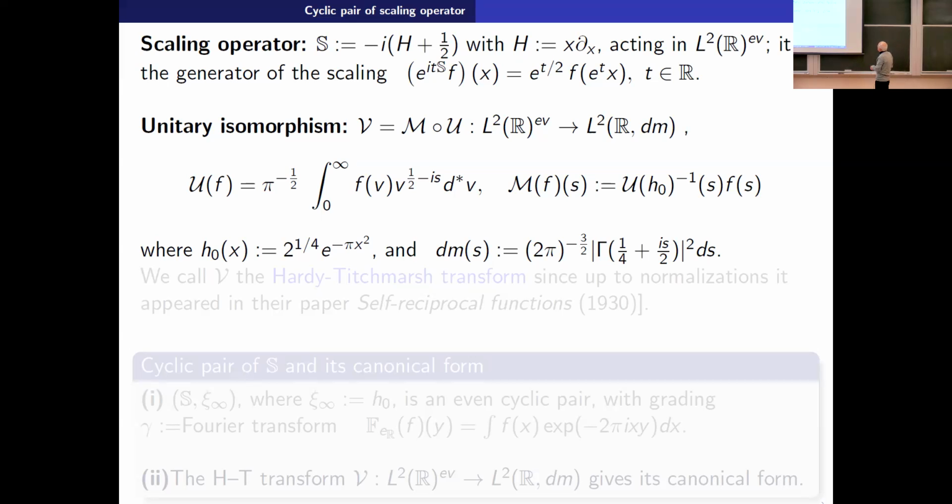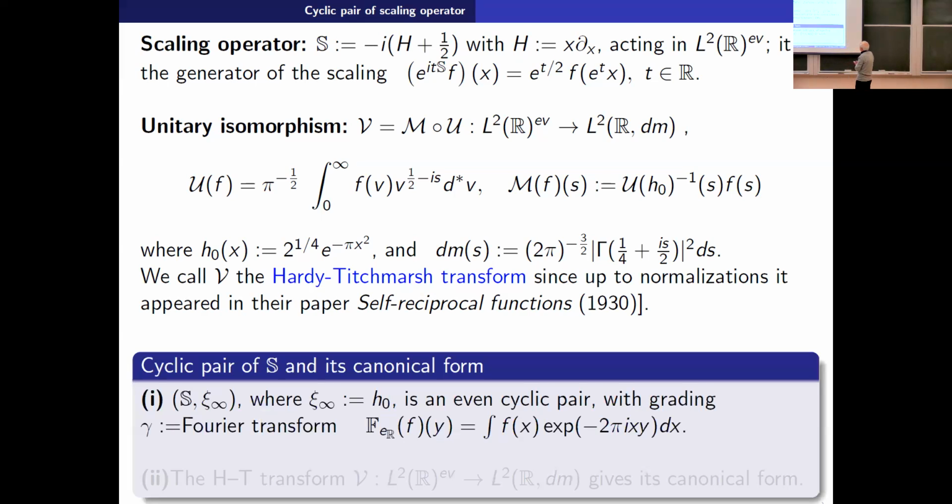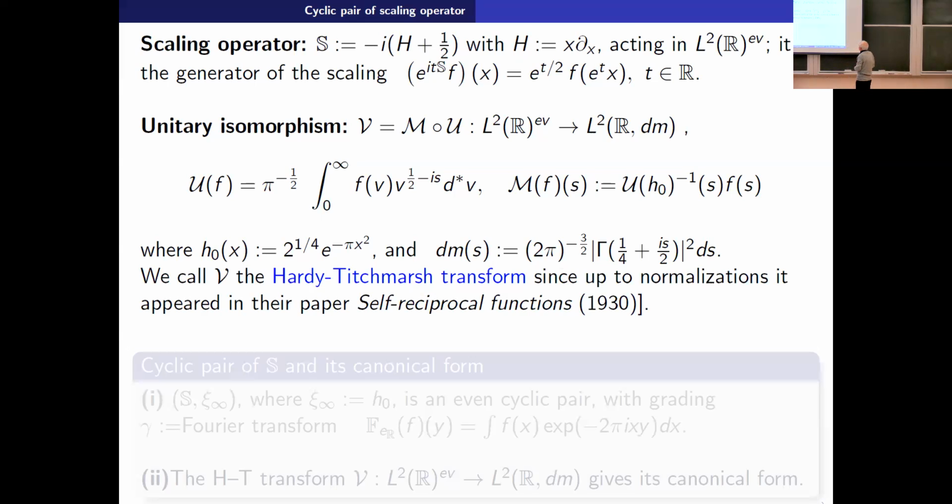You take the first eigenfunction of the Hermite operator, H0 of x, the ground one, and then you normalize the measure by this factor. This turns out to be the good transformation.